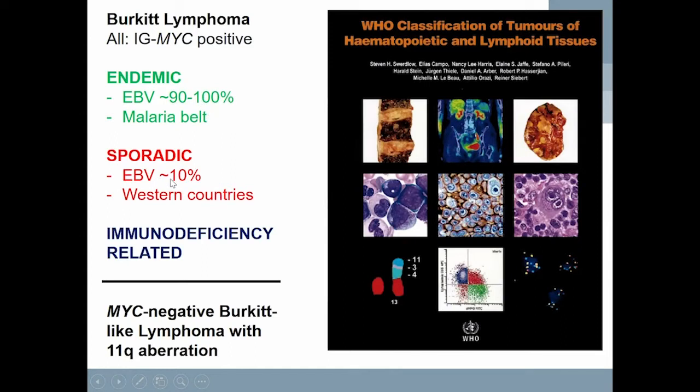We have a sporadic variant in Western countries in which roughly 10% are EBV positive. And we have immunodeficiency-related Burkitt lymphomas in patients with inborn or acquired immunodeficiencies. There's another group, Burkitt lymphoma without a MYC translocation, but this will likely be renamed in the new WHO classification, not anymore as Burkitt lymphoma, but as a large B-cell lymphoma.